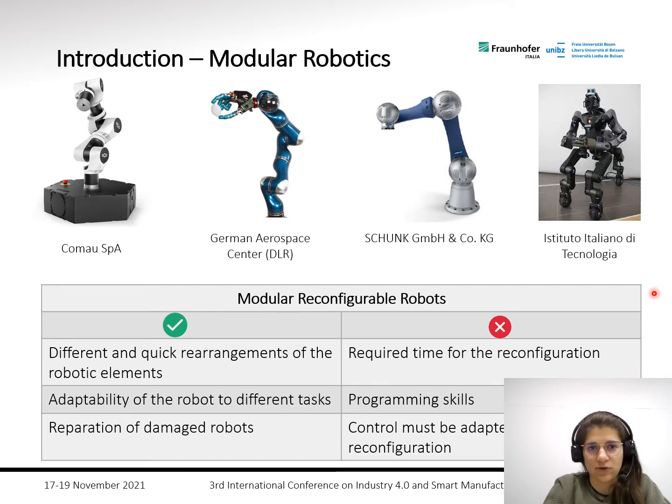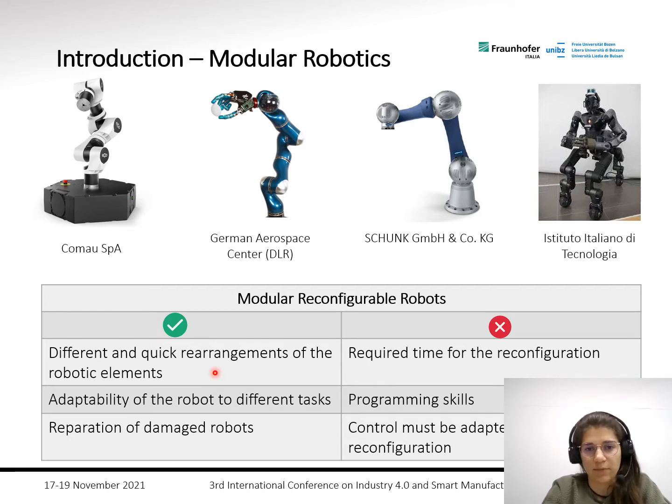As we can imagine, the main advantage of these modular robots is that a different and quick rearrangement of the robotic elements is possible, and obviously the robot is also able to adapt to different tasks. This means that depending on the task we are executing, we can find the most suitable configuration of the robot to be exploited.